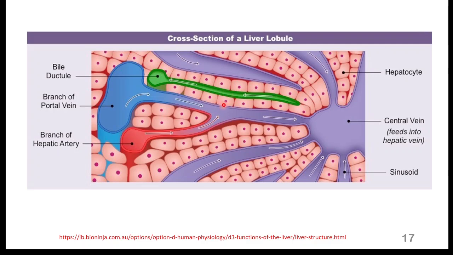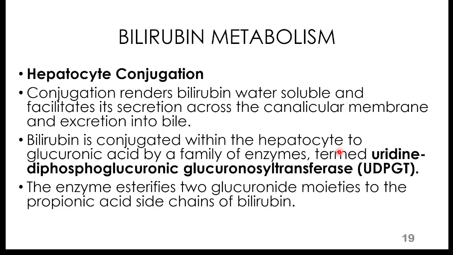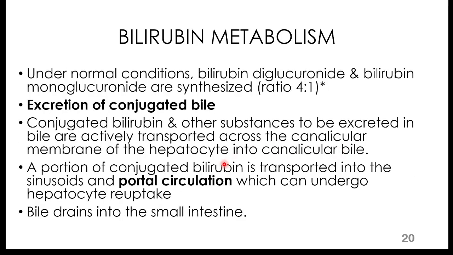But some of it will actually move back in the opposite direction and end up in the sinusoid, and from there, the sinusoids drain into the central vein, and the blood from the central vein eventually gets to the inferior vena cava and passes through systemic circulation. And the bile drains into the small intestine.